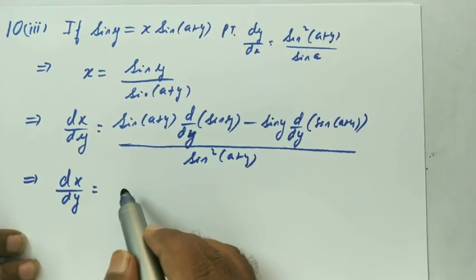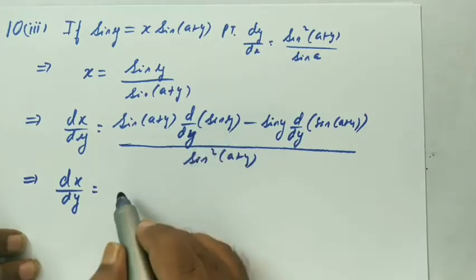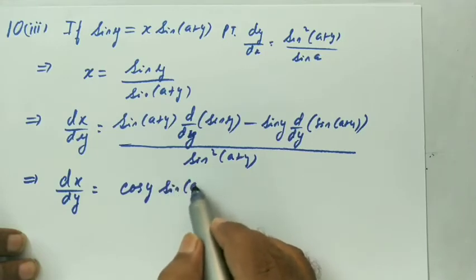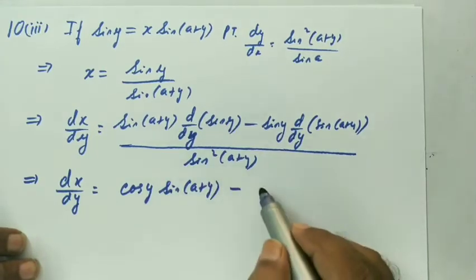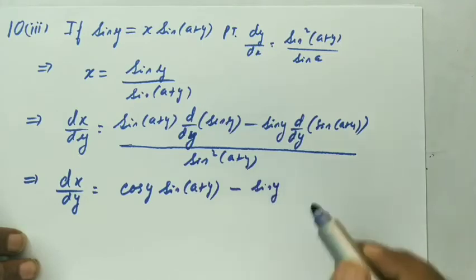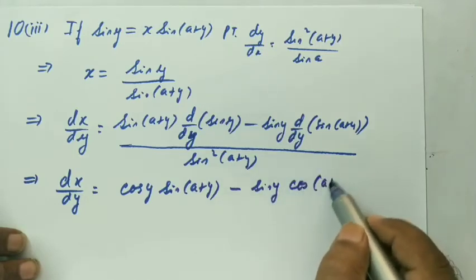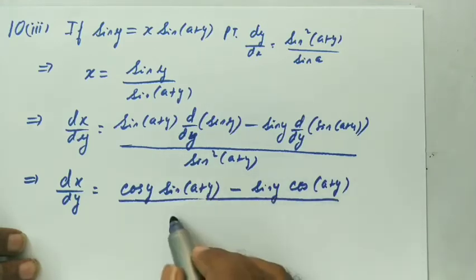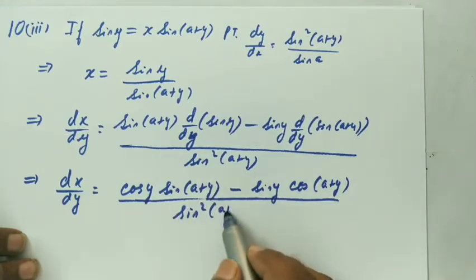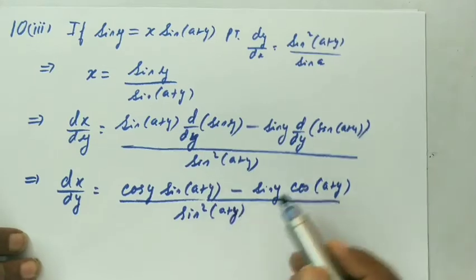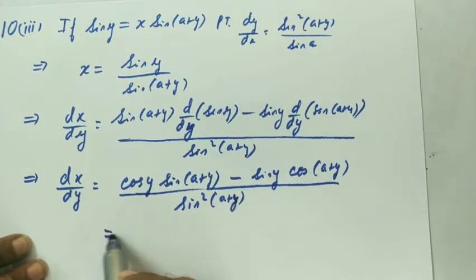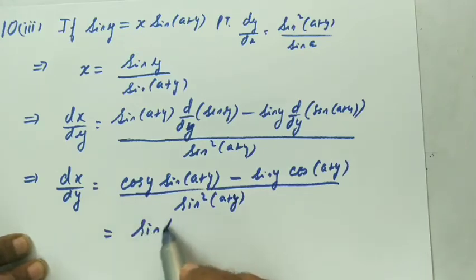Cos y sine a plus y minus sine y, the formula sine a cos b minus cos a sine b. It is sine a plus y minus y.